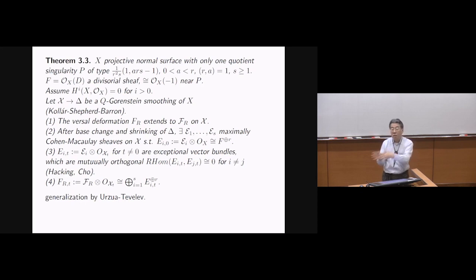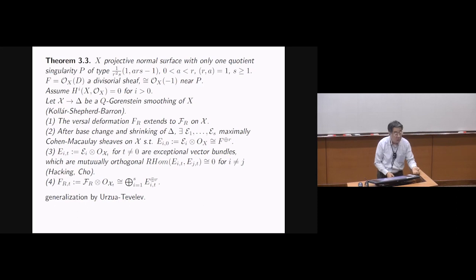So they specialize to the same singular sheaf, but they are mutually orthogonal on the generic fiber. So they're totally different. So this is the structure. And this theorem is generalized by Wolter-Terefev to more general cyclic quotient singularities.